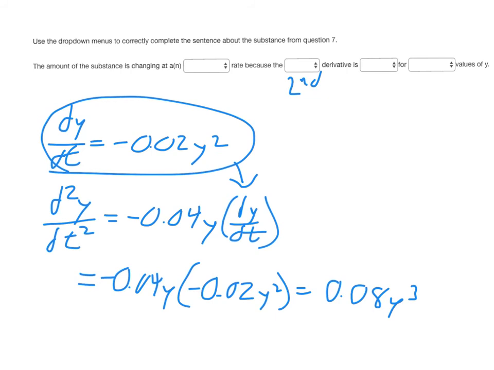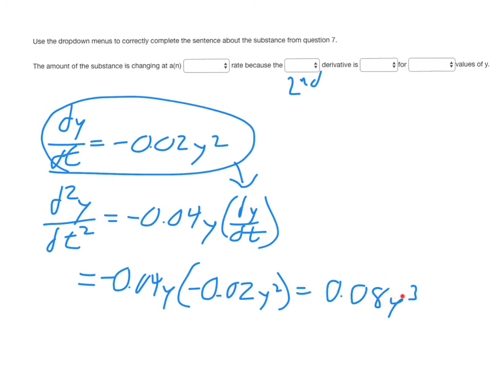So, is that value, the second derivative, going to be positive or negative in wherever this question is asking about? So as long as y, the sign of my second derivative is only going to depend on y, because my second derivative only has a y in it. And as long as y is positive, when you cube it, it will be positive. This number is positive.